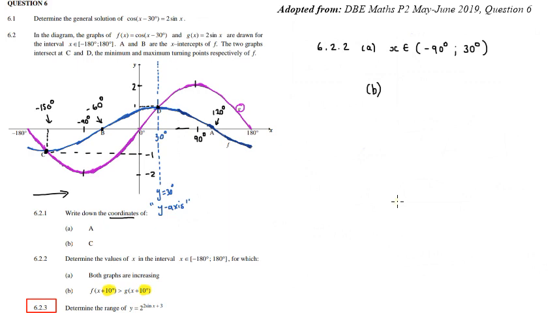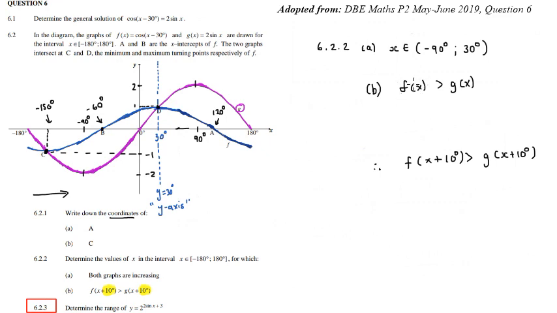So what we can do is find where f of x is greater than g of x. Then once we've found that interval, just shift it to the left by 10 degrees, and that's going to give us where f of x plus 10 degrees is greater than g of x plus 10 degrees.